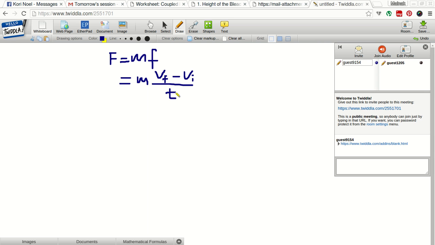That means we know the numerator. But do you know the denominator here? Time? How long it takes to come to rest? Well, it's not given. Yes, it's not given. Instead of time, what is given? The distance and the speed.